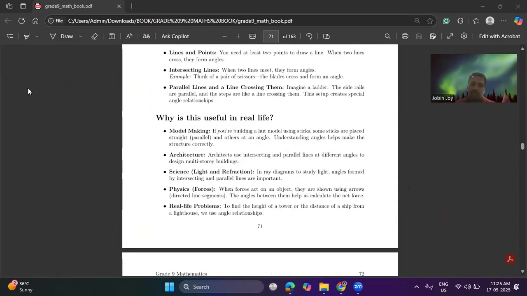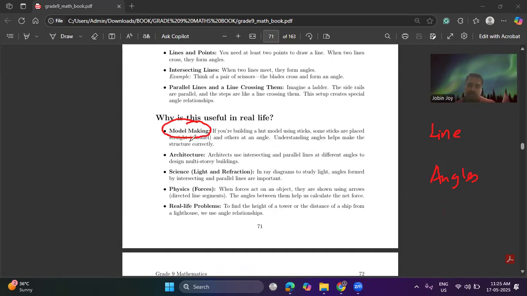So what is the use of lines and angles in our real life? I will be explaining a few examples. One example is model making. For example, if you are building a hut model using sticks, some sticks are placed straight and other sticks placed at an angle.